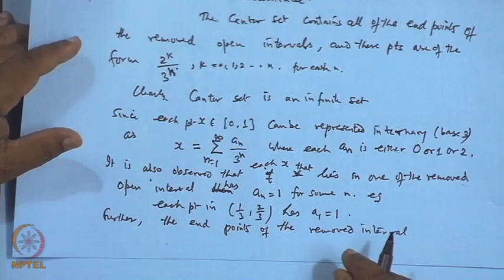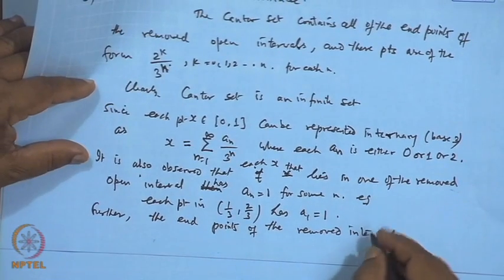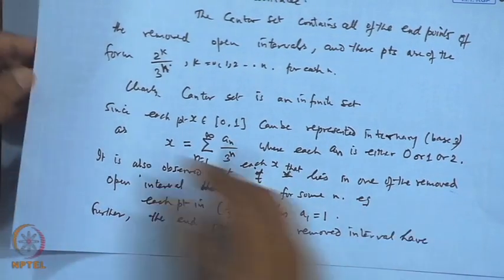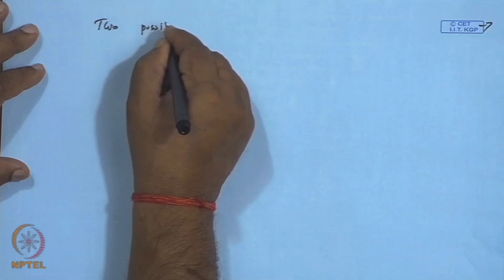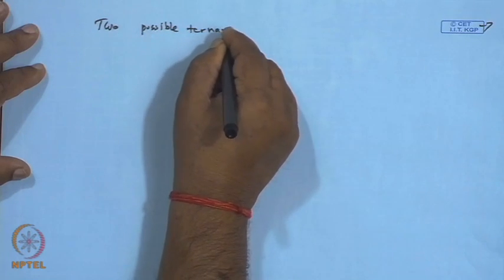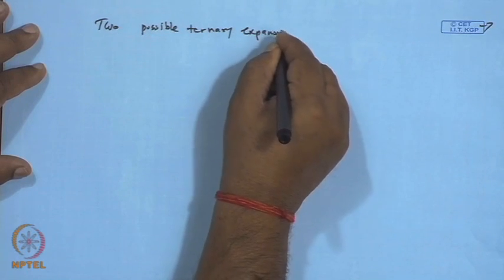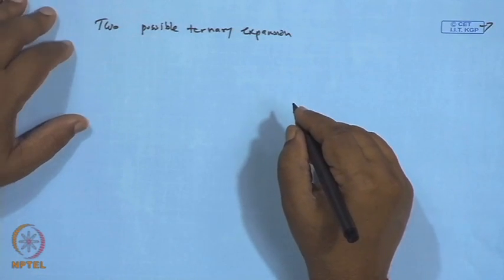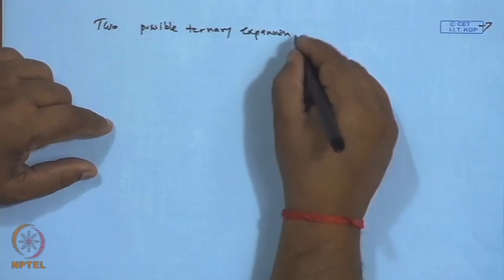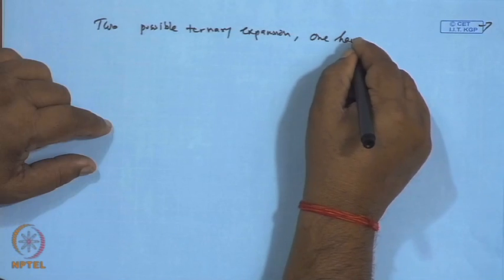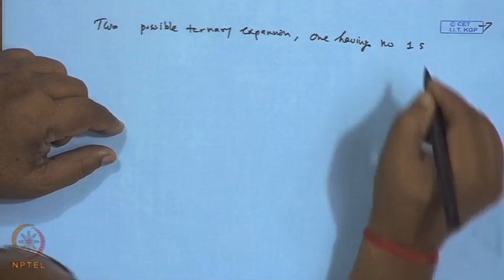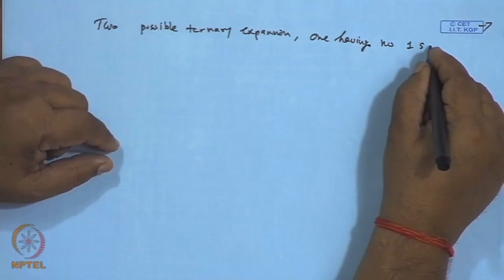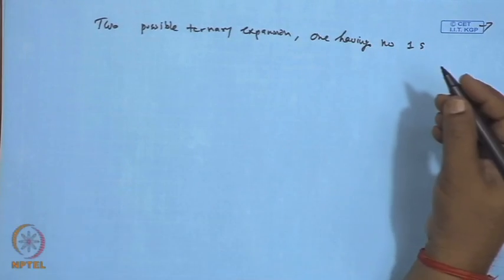say 1/3, 2/3, have two possible ternary expansions, one having no ones and the other may have some ones or twos.